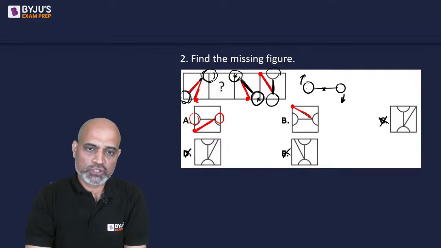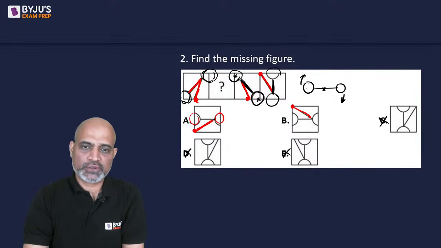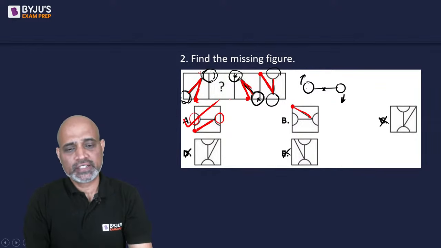The logic would be, if this is the arrow, then this is the arrow, and then this is the arrow. So it is moving 1, 2, 3. So it's supposed to move 1, 2, 3. A makes more sense, right?